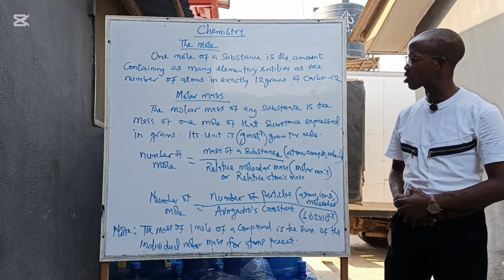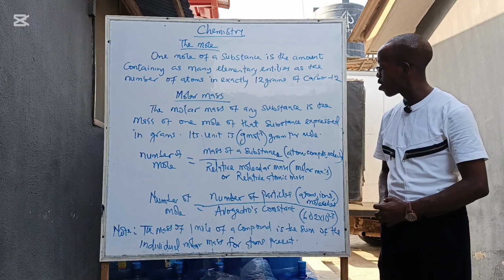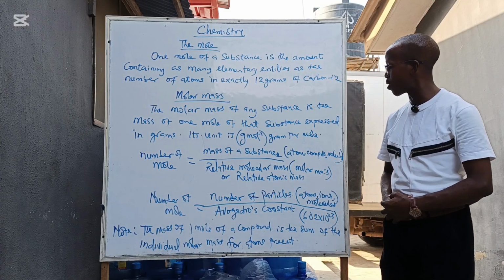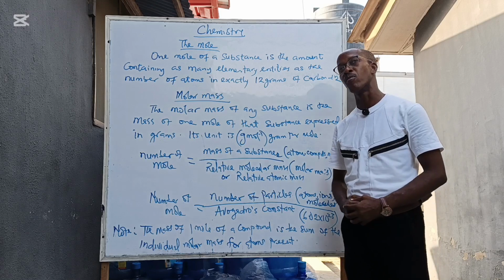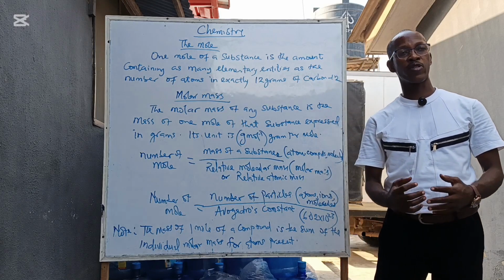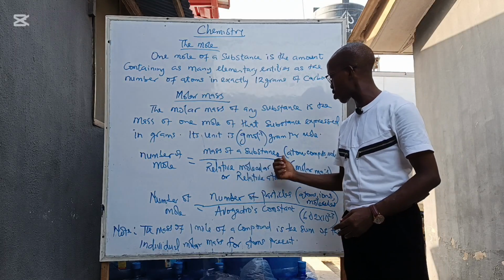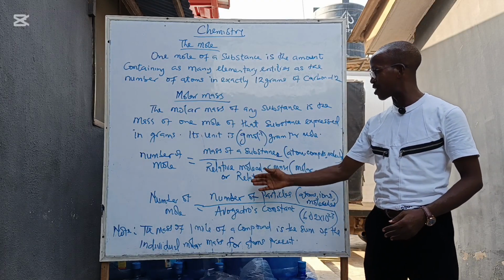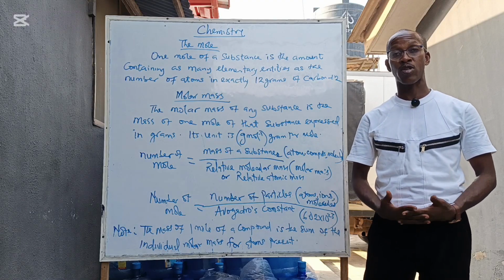Take for example, look at these formulas here. Number of mole is mass of a substance divided by relative molecular mass. If it's a compound, take for example, calcium carbonate is a compound, CaCO3, then you can say mass of the compound divided by the relative molecular mass. What is the relative molecular mass of calcium carbonate?